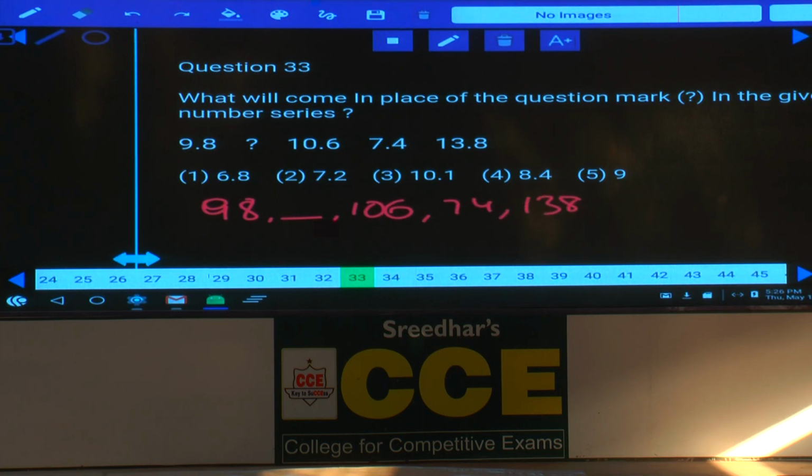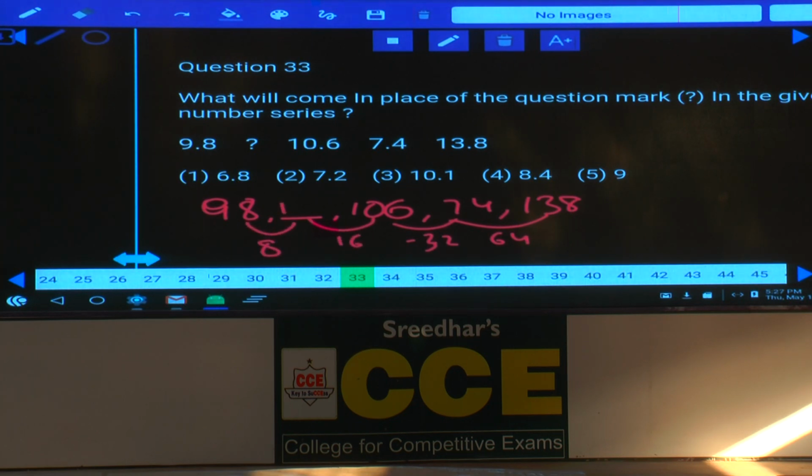Tell me what is the difference between 106 and 74? 74 and 106, it is 32. 32 is the difference between these two numbers. Then the other difference, 74 and 138, is 64. 64, 32, the previous one must be 16 and the previous one is 8.